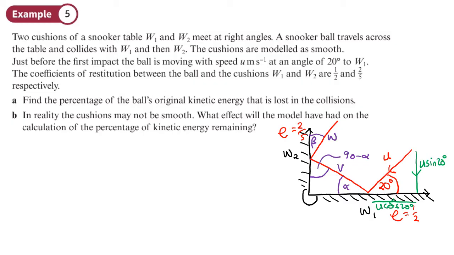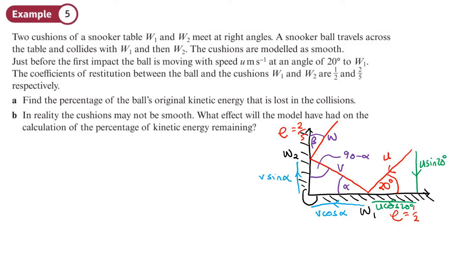So again, we can put these components in. This bit here is going to be v cos alpha. This bit here, we're using the angle alpha, it makes things a bit easier, will be v sine alpha.